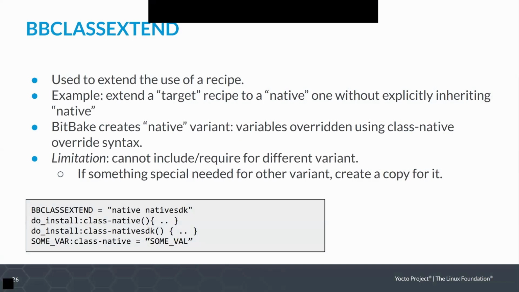Because if you explicitly inherit the native bbclass, of course, you will set the recipe to be native, but in a lot of cases you don't need to do that, because if BitBake finds BBCLASSEXTEND native, BitBake will just create a native variant.